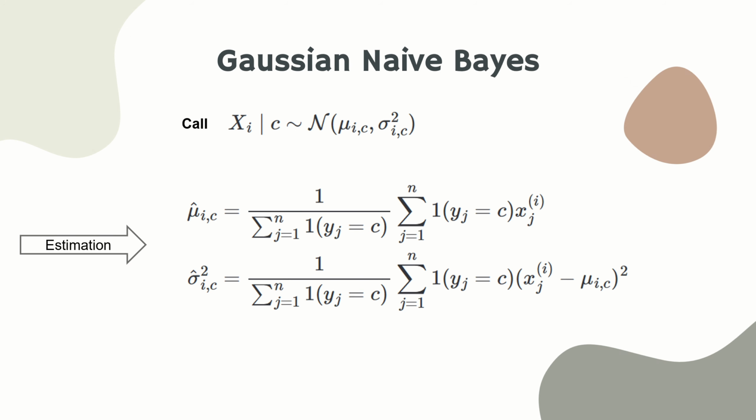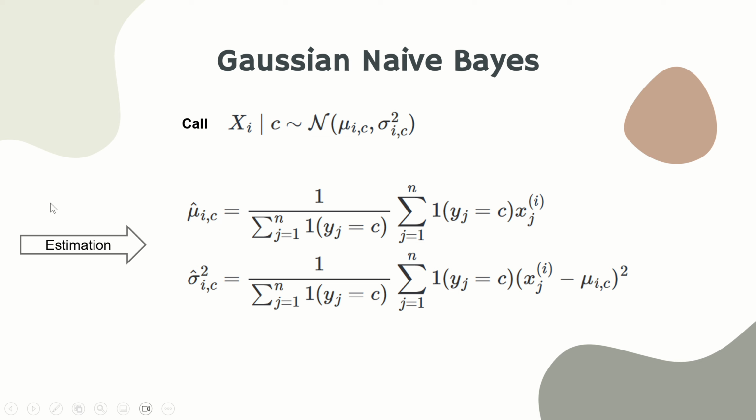It's called Gaussian naive Bayes. Let's just assume that all our features given the label C are taken from the normal distribution with two parameters, mu and sigma, like this. Each feature given the label C is taken from this normal distribution.